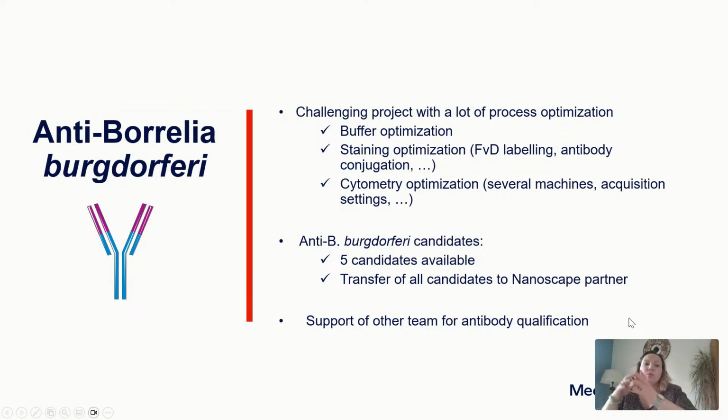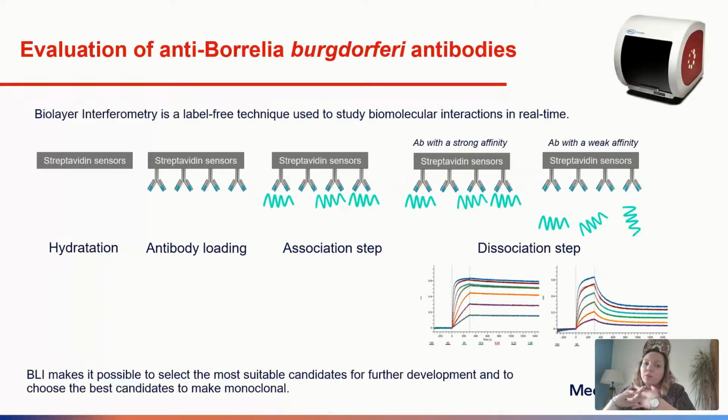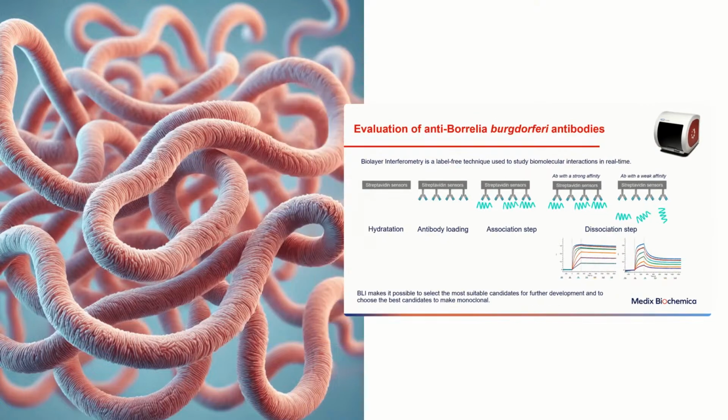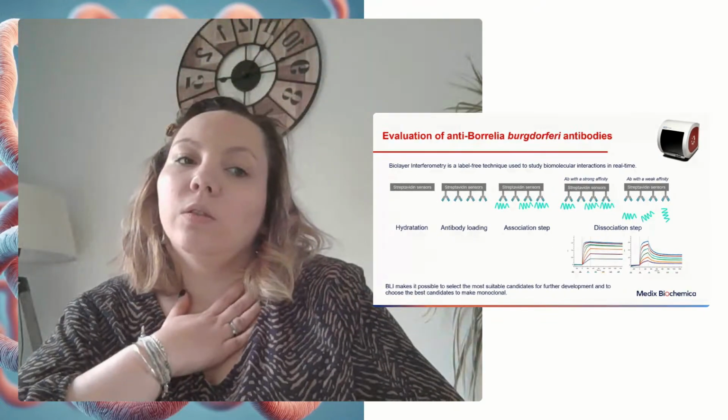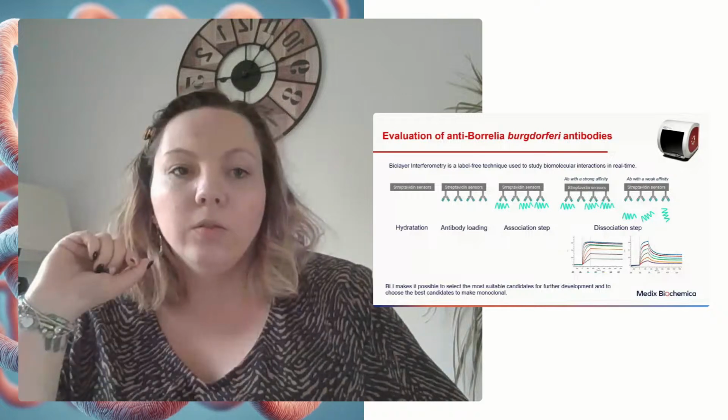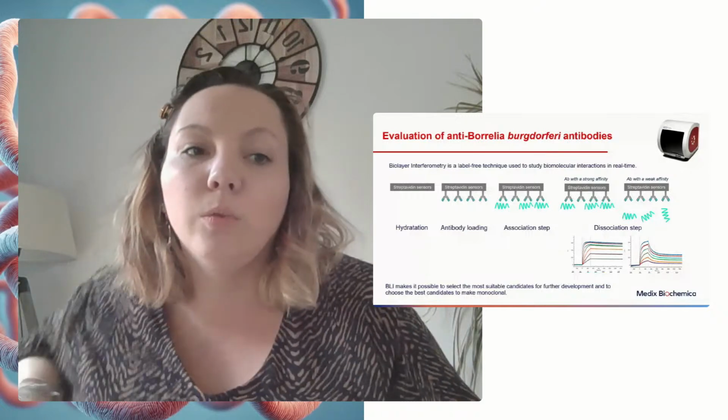We were asked to qualify the affinity of our antibodies, and for this, we will use biolayer interferometry. So it's quite similar to SPR. BLI works by using the interference patterns of light reflected from a biosensor surface.